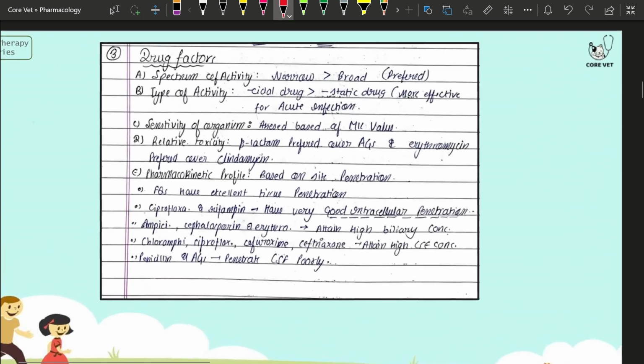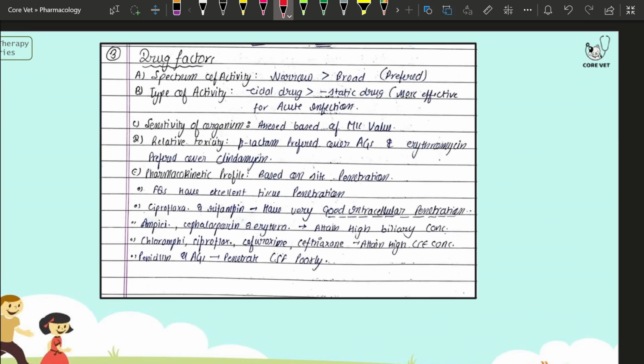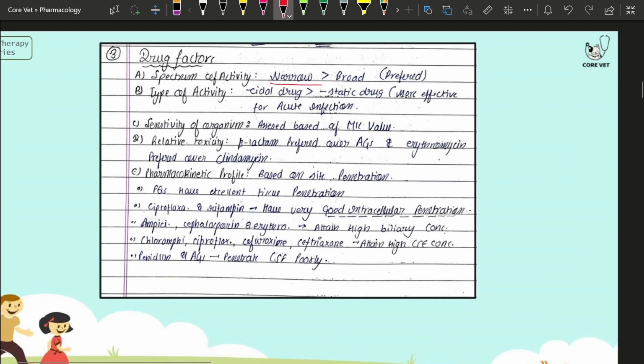Obviously you should always prefer narrow spectrum over broad spectrum due to the resistance that may develop. We should avoid the development of resistance, so that's why we always use narrow spectrum over broad spectrum.